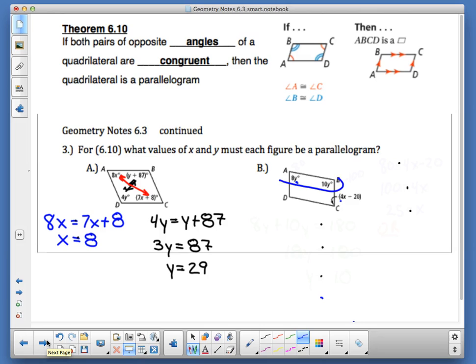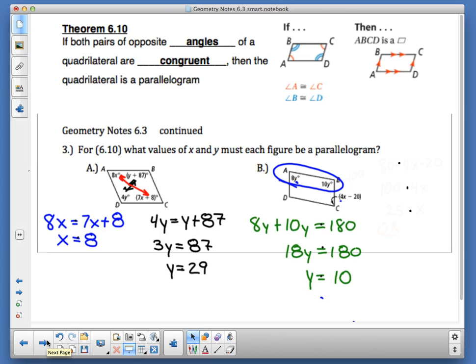But I'm totally using 8y plus 10y here to solve for y first. And then I'm going to use that relationship of opposite angles. Once I know that, 8y is equal to 4x minus 20, or 80, because y is 10 now. 80 is equal to 4x minus 20, and I know x is 25.